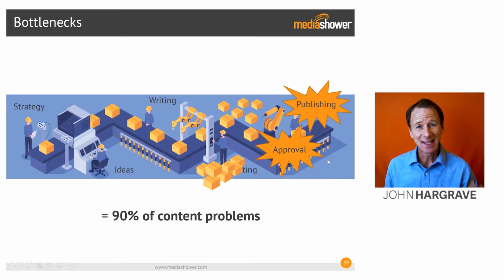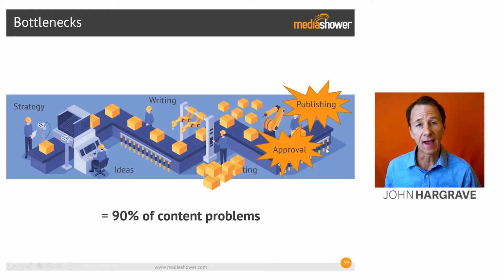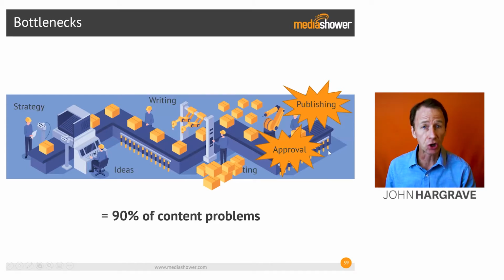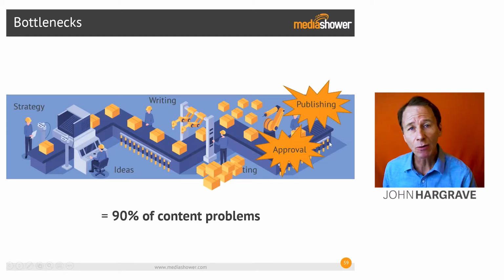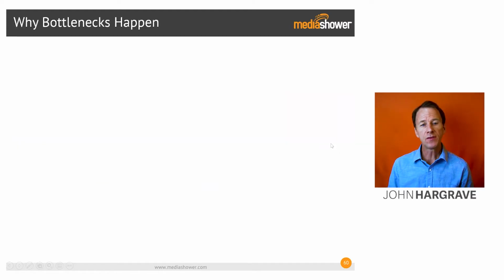In other words, because people know that they're holding up this entire assembly line and the problems get bigger and bigger every day, instead of the content, the communication being a pleasure, it becomes a problem. And that's a problem. So in this video, we'll talk about how to solve these content bottlenecks, which are really caused by a handful of simple problems. And we'll give you the solutions.